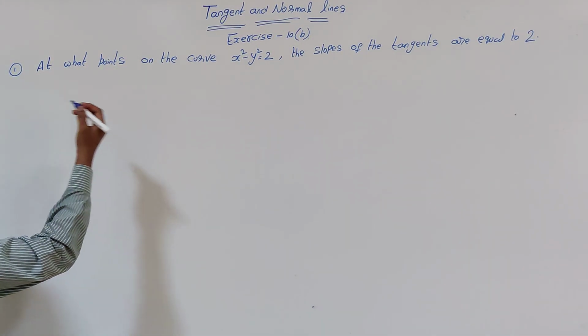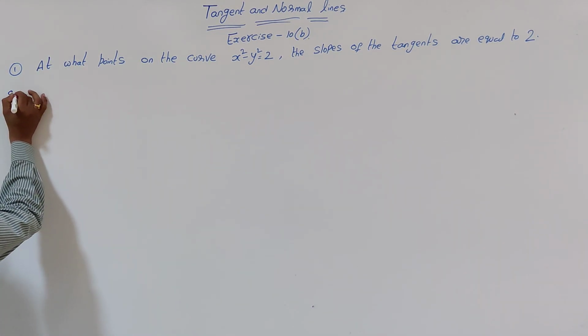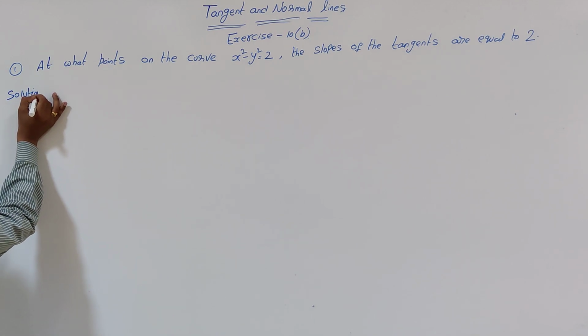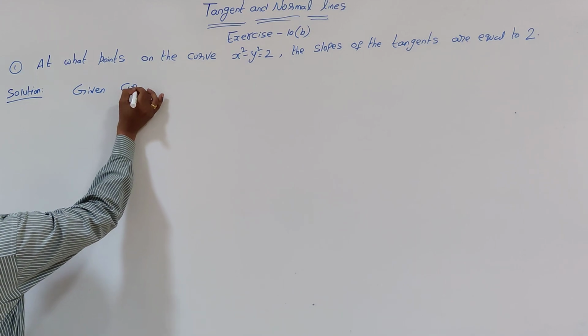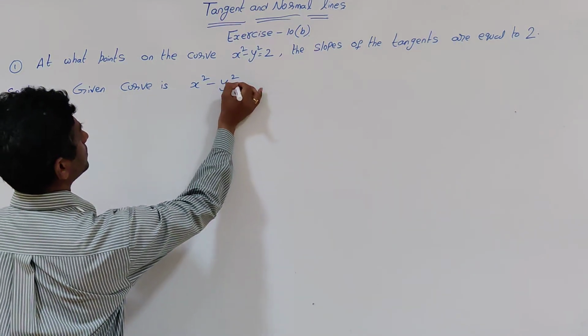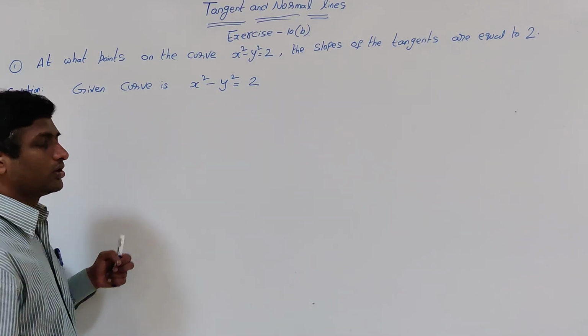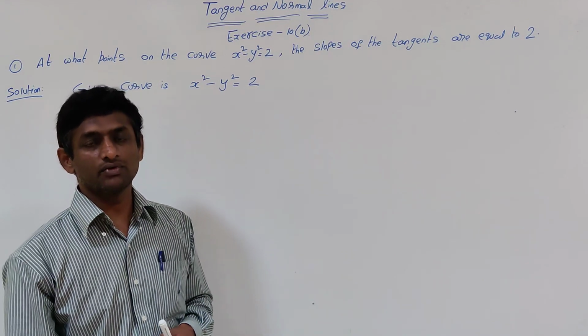For what values does this point satisfy, whose slope will be 2? Solution. So the given curve is x square minus y square is equal to 2. In order to find the slope, we have to differentiate the given curve or function.